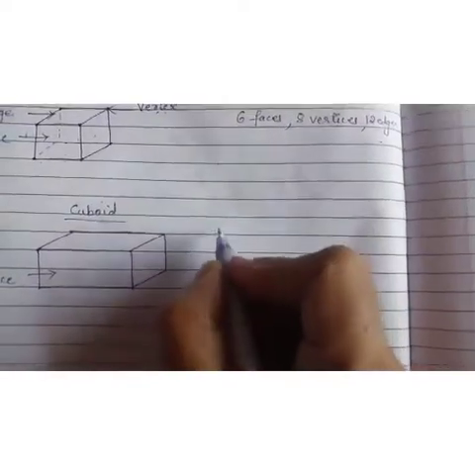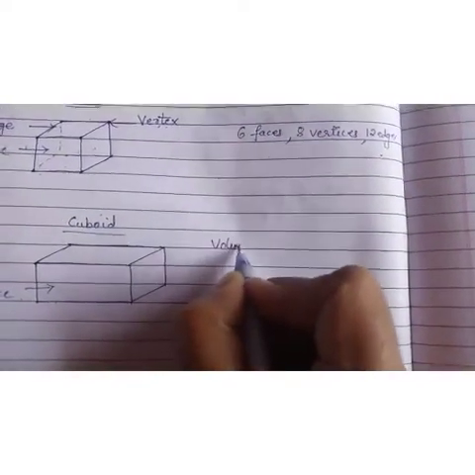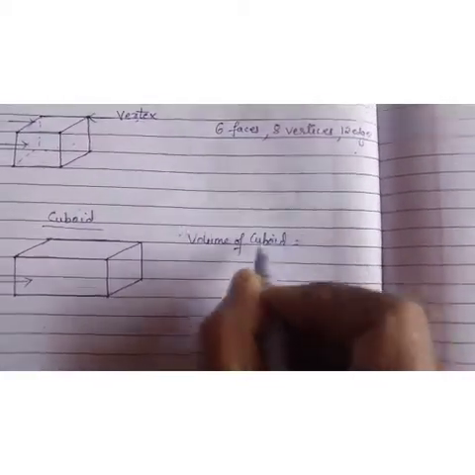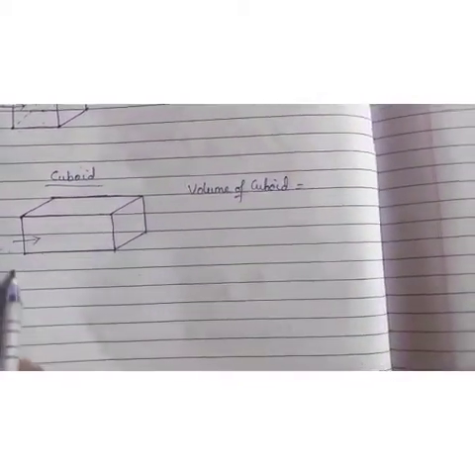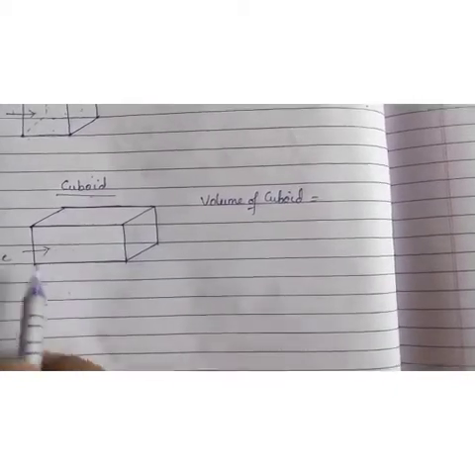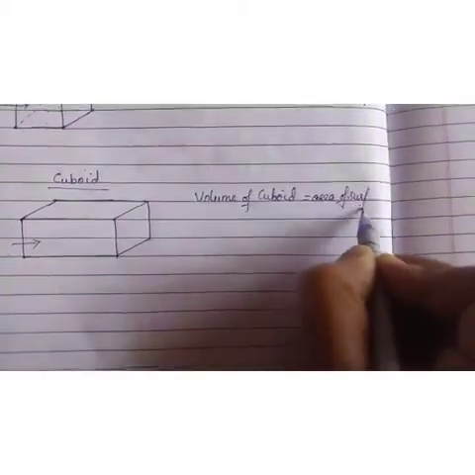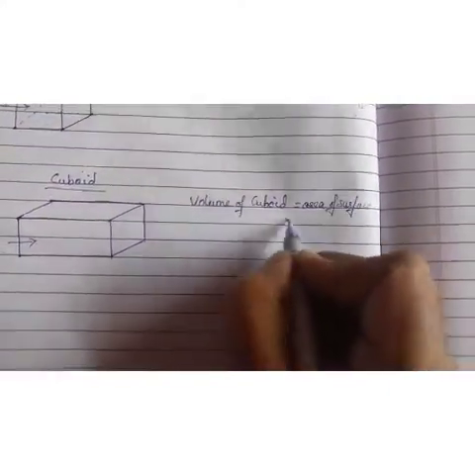So to find the volume of a cuboid, we need to take the area of one surface. What is the area of one surface? Your one surface is a rectangle, isn't it? Into height.